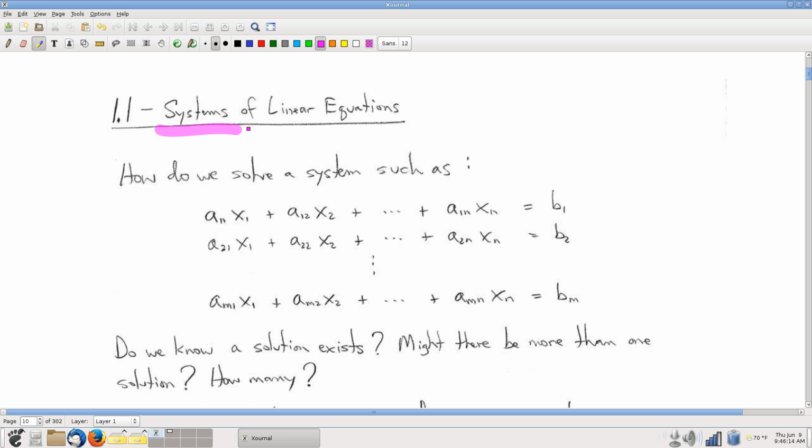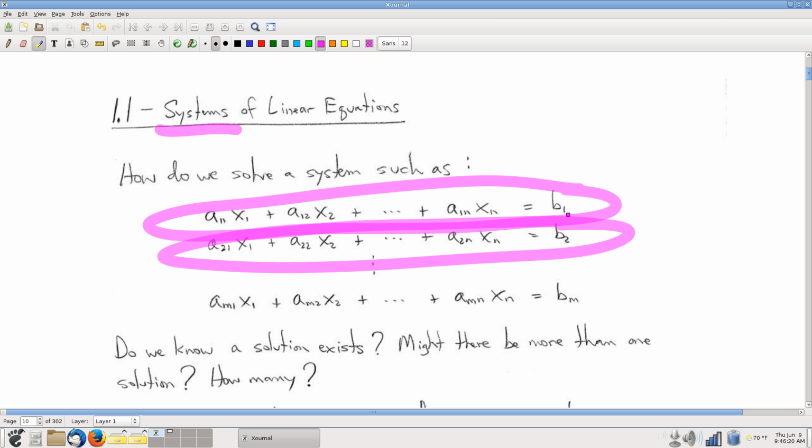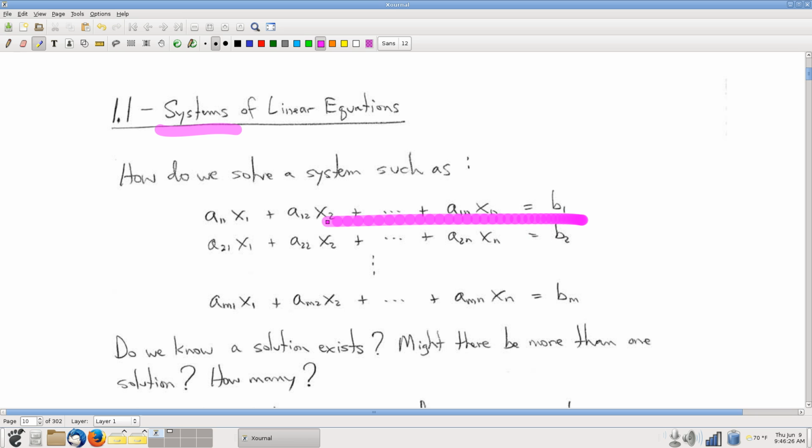And it's a system because, well, we're not just considering one equation at a time. I'm not looking for a solution to this equation, comma, a solution to this equation, comma, etc. I'm looking for a solution, namely x1, x2, x3, etc. through xn, which satisfy all of these equations all at once.